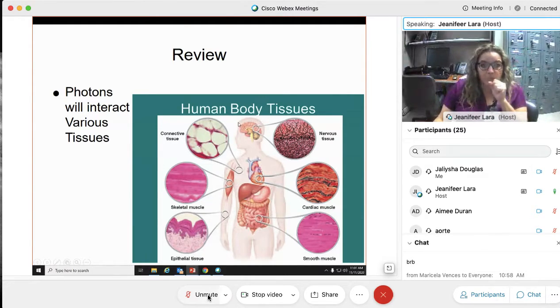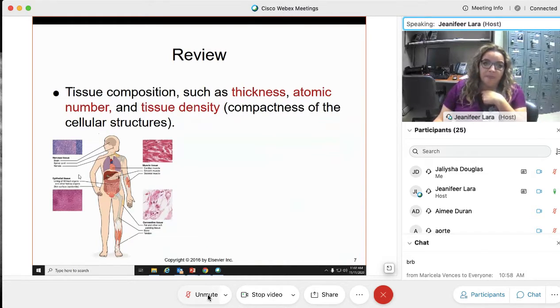So now we're incorporating the human body. We are now going to add various tissue densities, various thickness into the mix. So when we look at tissue composition, such as thickness, atomic number.